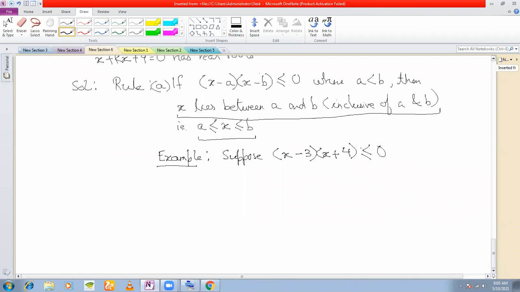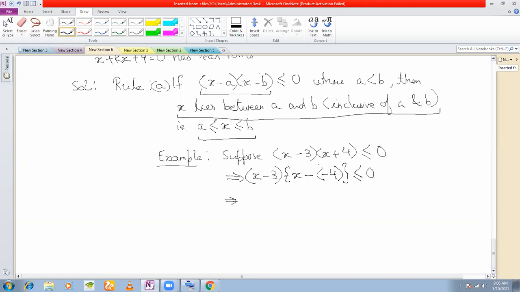Then how can you use the above? What can you say about x? You try to write this in the form (x - a)(x - b). So x minus 3 you already have, and x plus 4 you can write as x minus minus 4, less than or equal to 0.